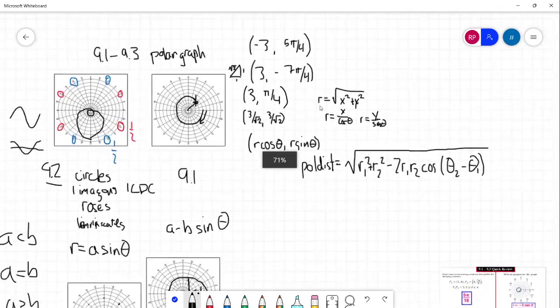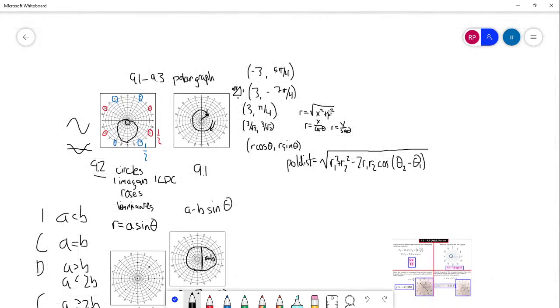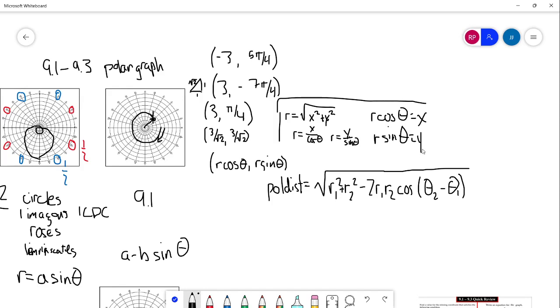Alright, so for 9.3, it's a lot less of theoretical stuff and a lot more of the identities we know, and using these things properly. Including r cos theta equals x, r sine theta equals y.